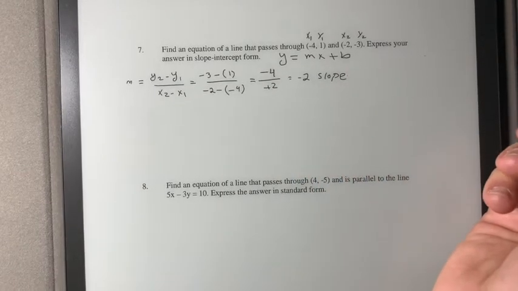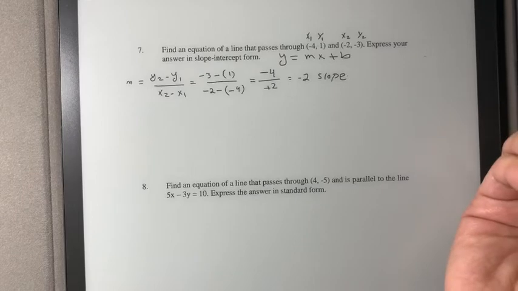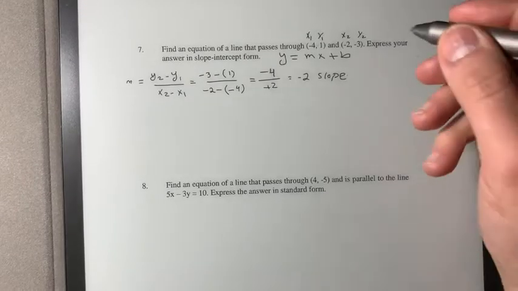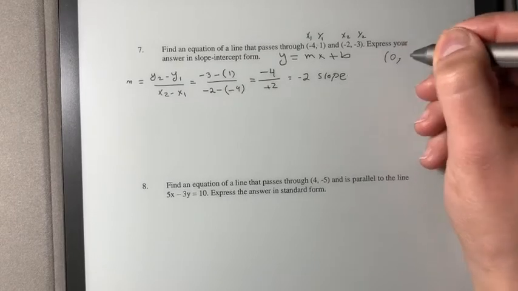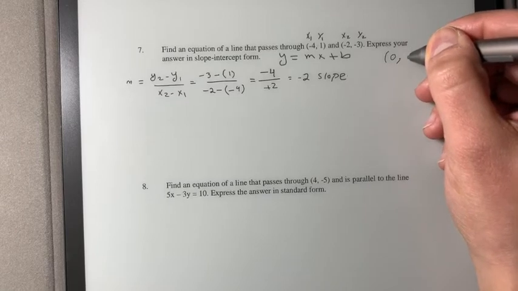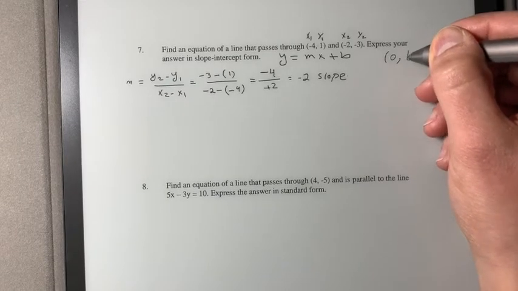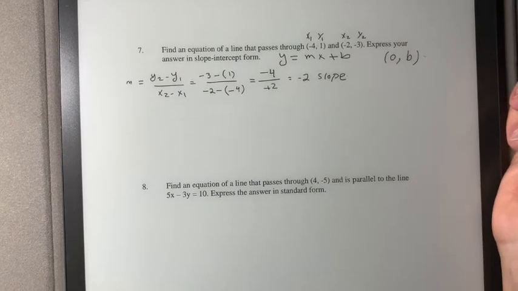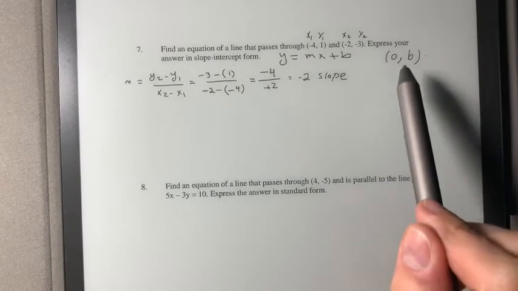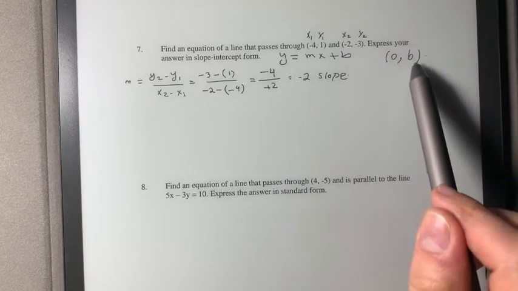Okay, so what is the y-intercept? The y-intercept is where the line has x equal to 0, the point (0, b). As you see, I don't have this point (0, b).